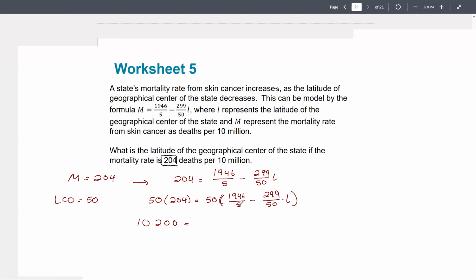So this 50 is going to divide by this 5, so that's going to leave me with a 10 times 1,946.